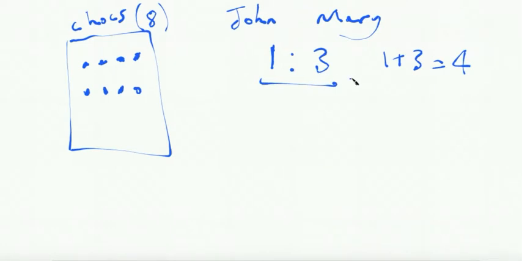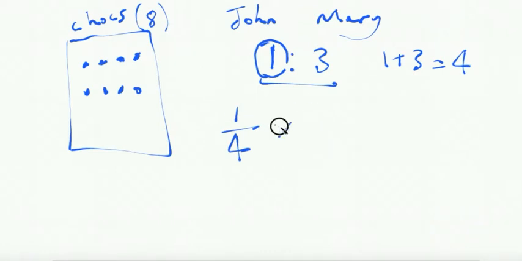The first thing we can do is work out how much one part is worth relative to the whole. So to work that out, we know that there's 4 parts in total, and 1 out of 4 is going to be John. So John is going to get 1 out of 4 pieces according to the ratio.